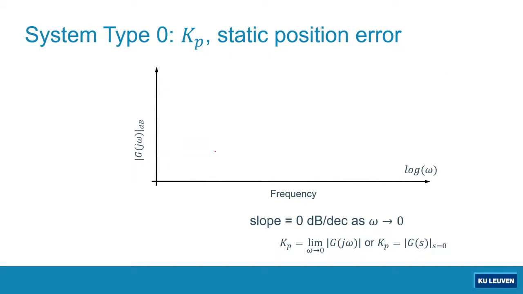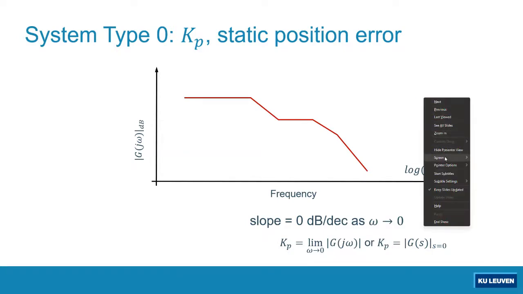Let's start with a type 0 system, and then we are going to estimate the static position error constant Kp from this type 0 system. So now we have a type 0 system, a unity feedback system where the system type is equal to 0. A typical magnitude plot of the Bode diagram in a type 0 system will be something like this.